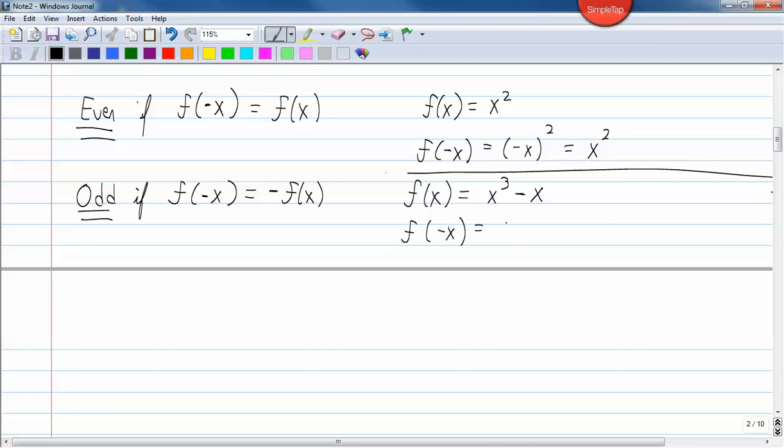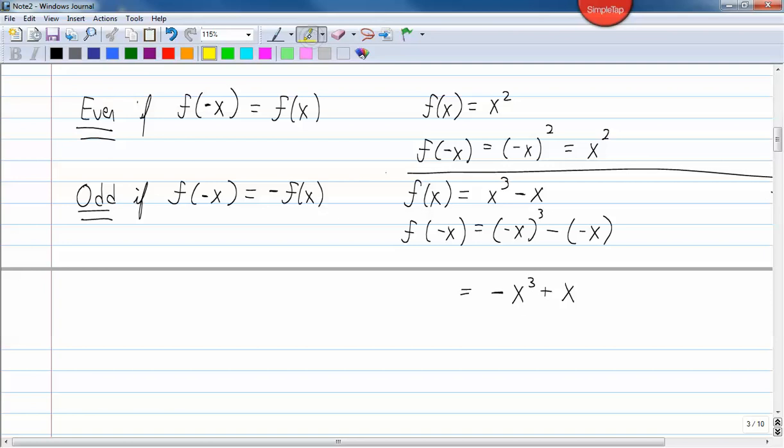So plug a negative x in parentheses for every x. That would give me negative x cubed, which means negative x times negative x times negative x. Negative times the negative is a positive, times a negative is a negative, so negative x cubed. And then minus negative x is plus x.